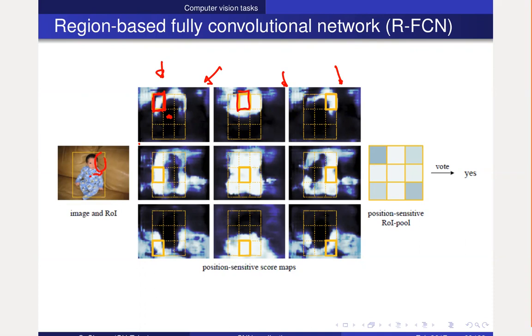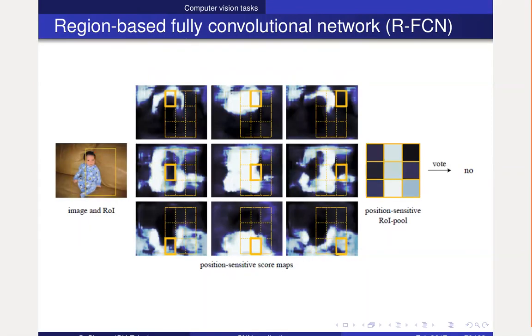If you have a baby here, this corner is highly activated. So I will just pool back on this corner, on these different boxes here. For example, this one is mostly white, but there's some dark here, and this one is mostly white, and so on. Afterward, I can do a voting here. I vote all of them together, basically just sum them together, and then here I will have a high activation. Therefore, the baby is here.